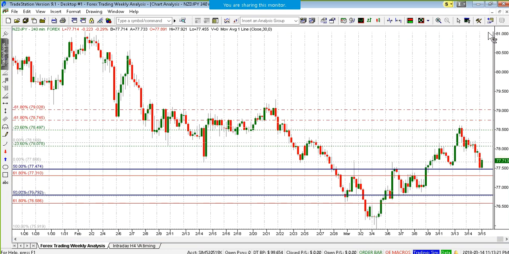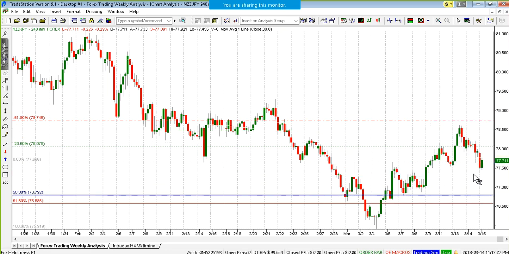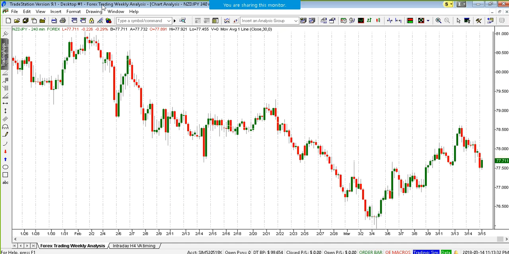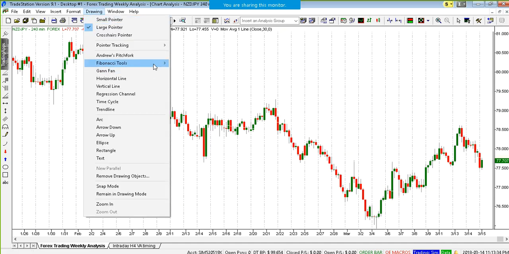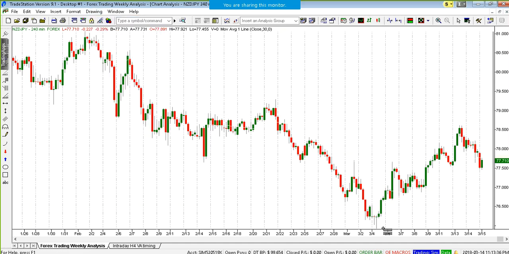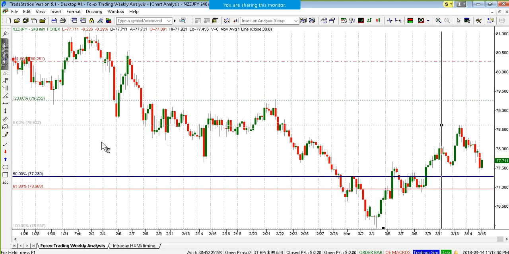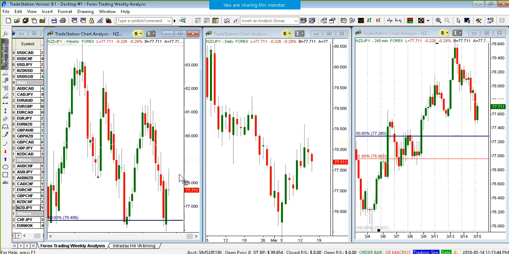Okay, now the sequence here has failed, and the only other measure move I'm going to consider here, if this market has to continue higher, is a test of the 50%. Going to see whether the 77.28 is going to be tested, and we'll take it from there.